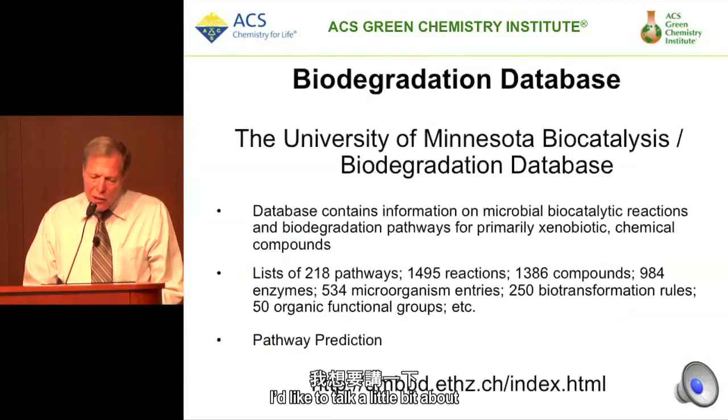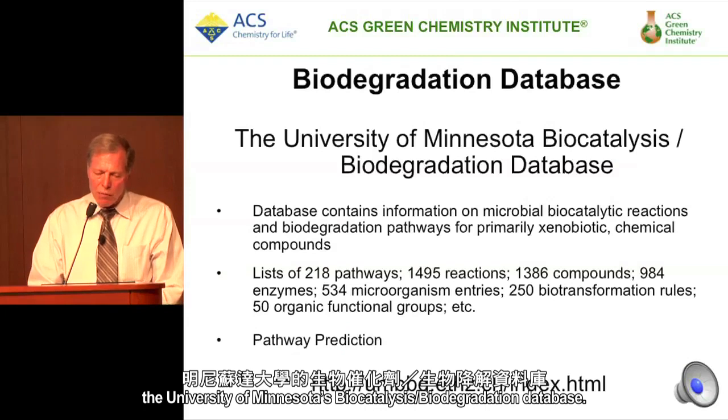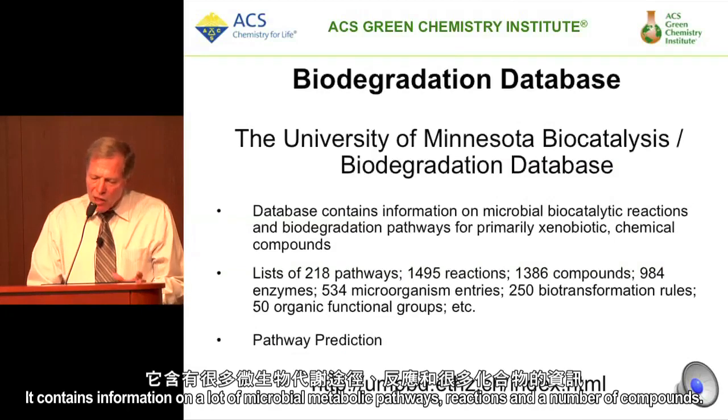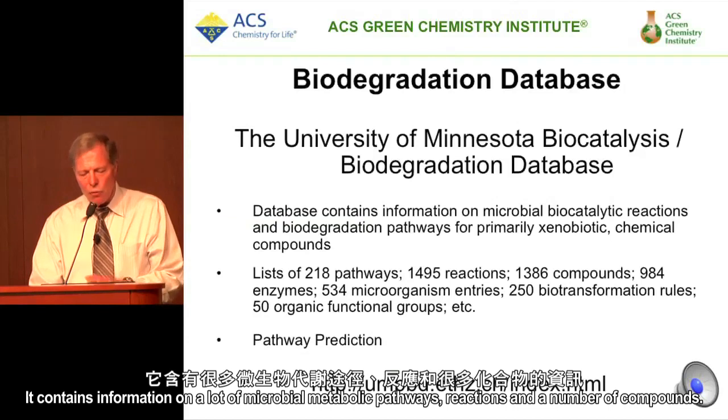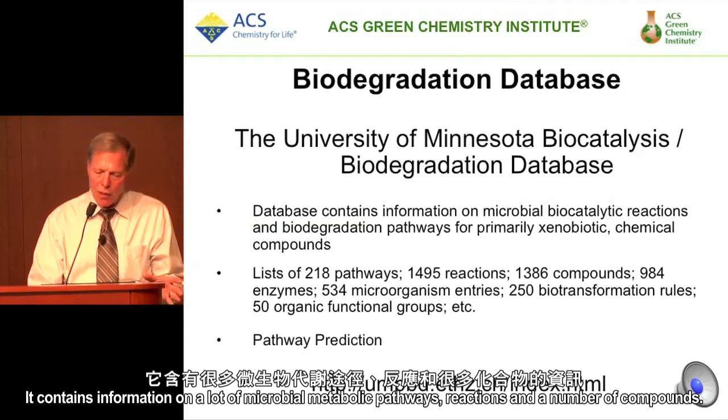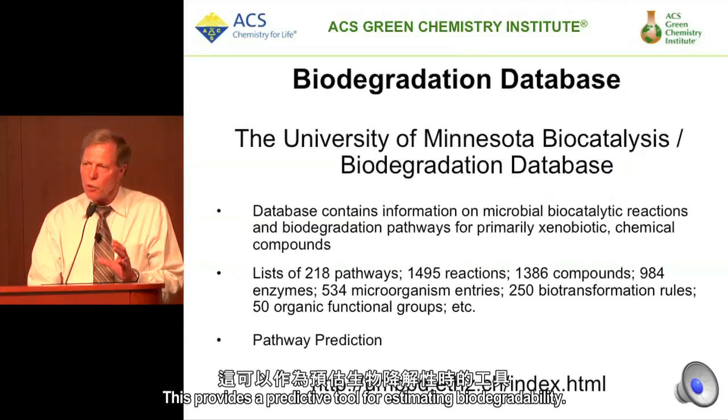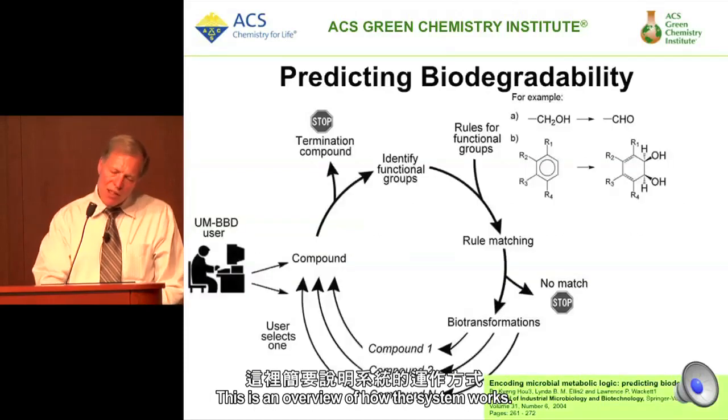I'd like to talk a little bit about the University of Minnesota Biocatalysis and Biodegradation database. It contains information on a lot of microbial metabolic pathways, reactions, and a number of compounds, and this provides a predictive tool for estimating biodegradability. And this is an overview of how the system works.